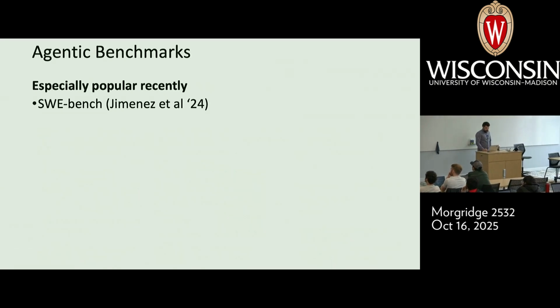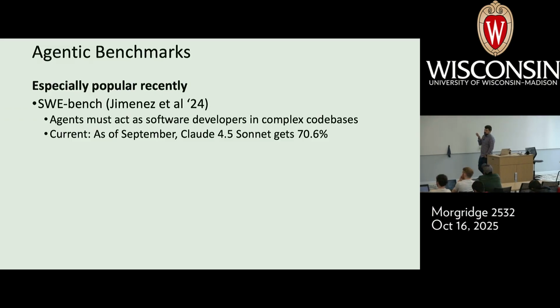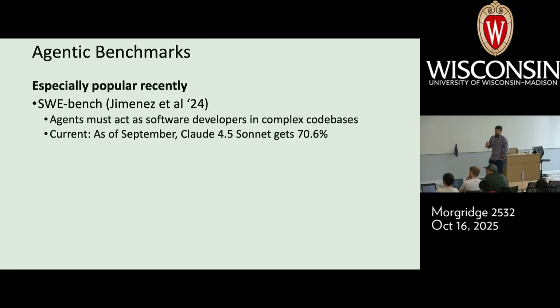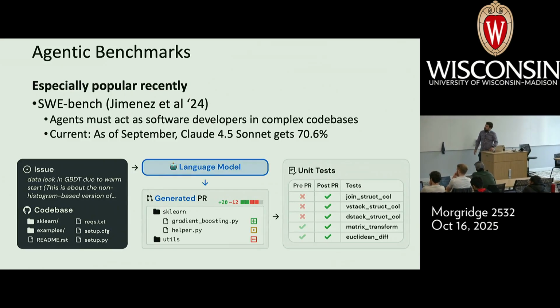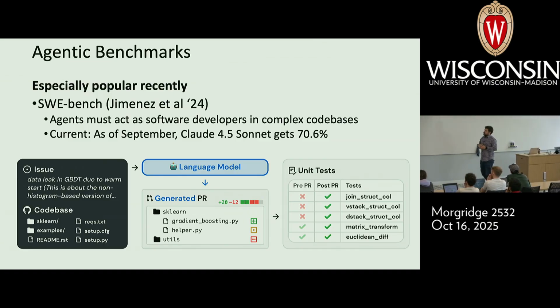All right. Let me talk about another really popular one. So software engineering bench, SWE bench, is exactly this kind of thing, but it's explicitly for software development. So it's much more domain specific, but on the other hand, it's very, very useful. We really want to have agents that can act like software engineers for us. So we've gotten up to 70% on the easier version of this.